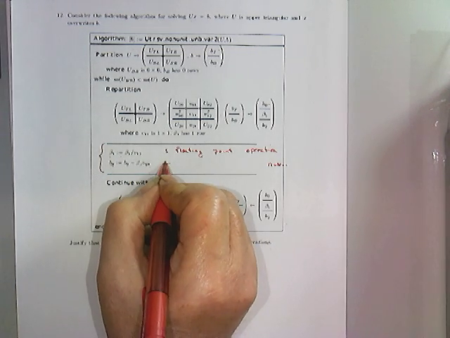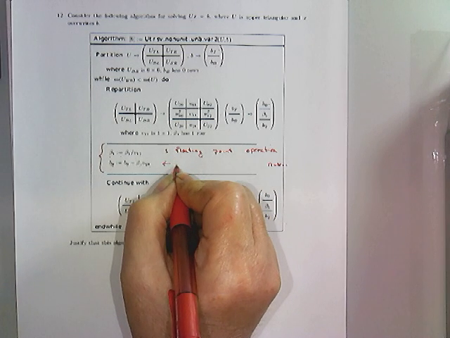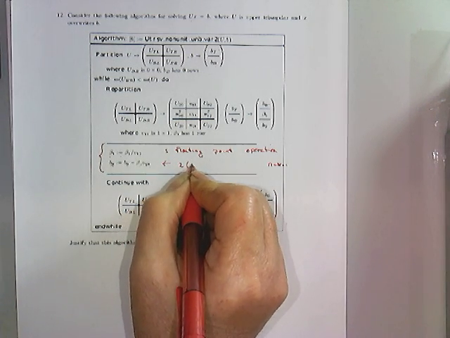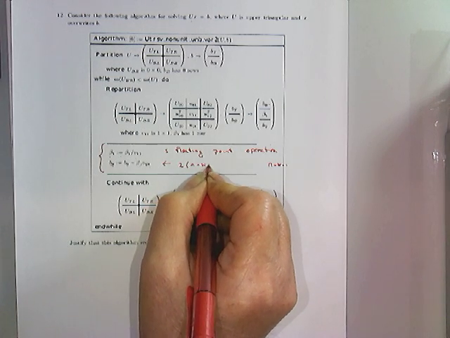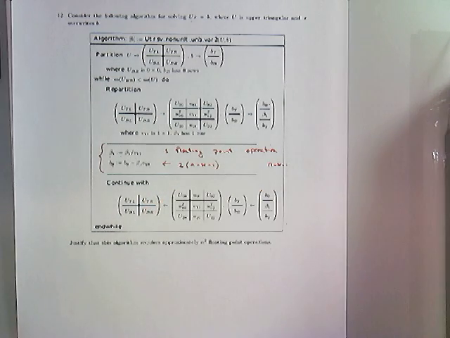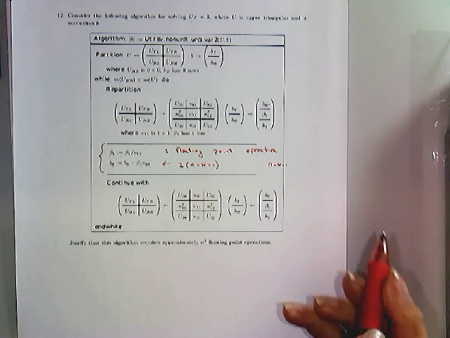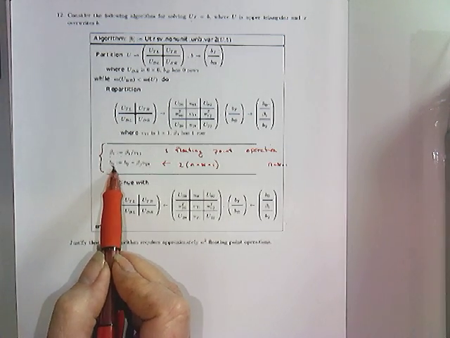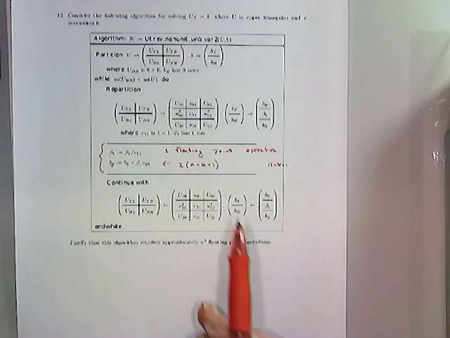So this command here at each iteration is going to be 2 times (n minus k minus 1) floating point operations, since the size of b0 is n minus k minus 1.